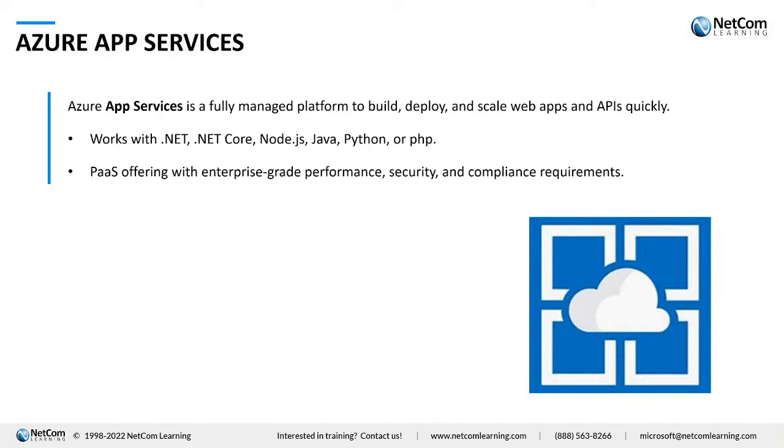And this is where platform as a service is done, where you have your enterprise level performance, security, and compliance requirements, but not having to deal with the underlying software infrastructure management pieces that a normal person would do under IaaS.